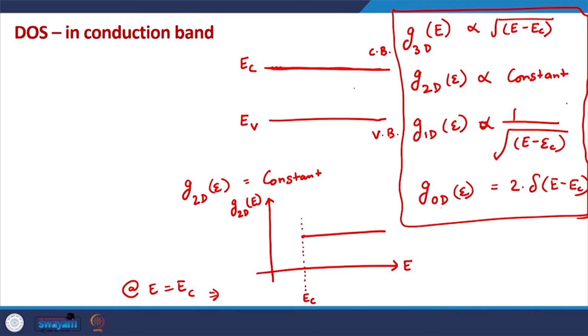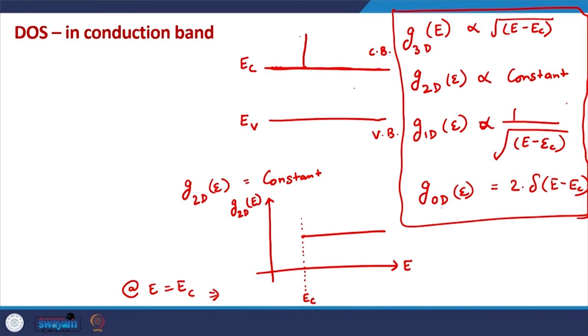Okay. So, what it says is that the number of allowed electronic states in the device is the same irrespective of where you are in the conduction band. So, in this entire range the same number of electronic states would be allowed.